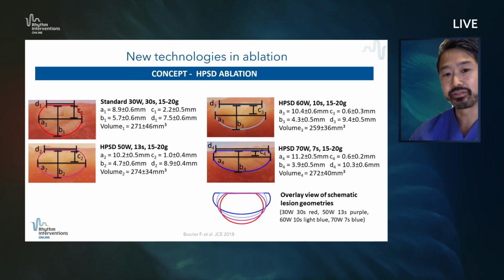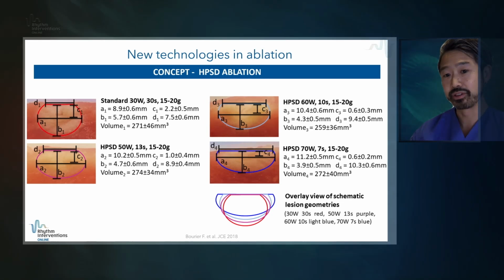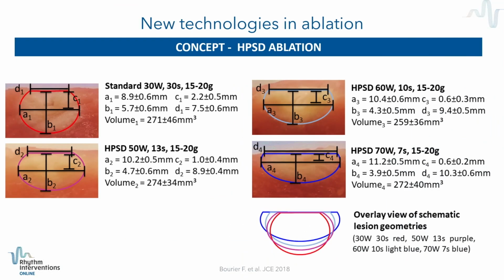And I want to start off, of course, with RF ablation. RF ablation also offers a lot of potential. And one of the latest concepts is the so-called high power and short duration ablation within the atria, especially for the application of atrial fibrillation.